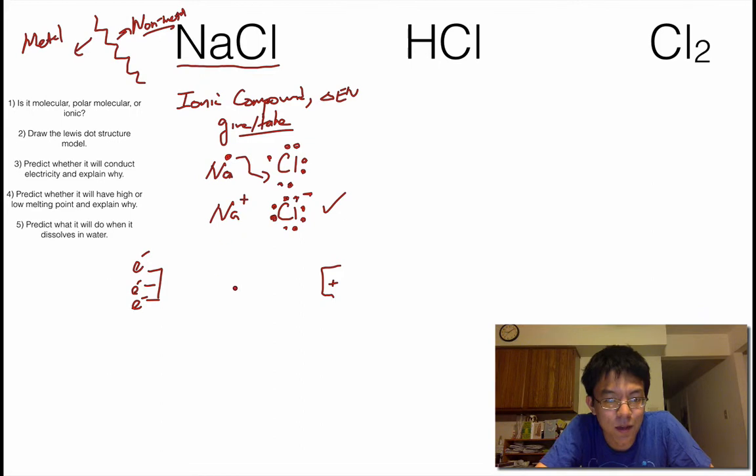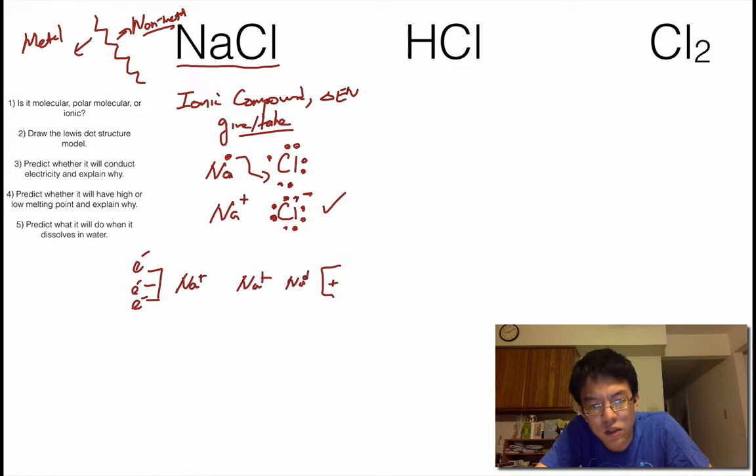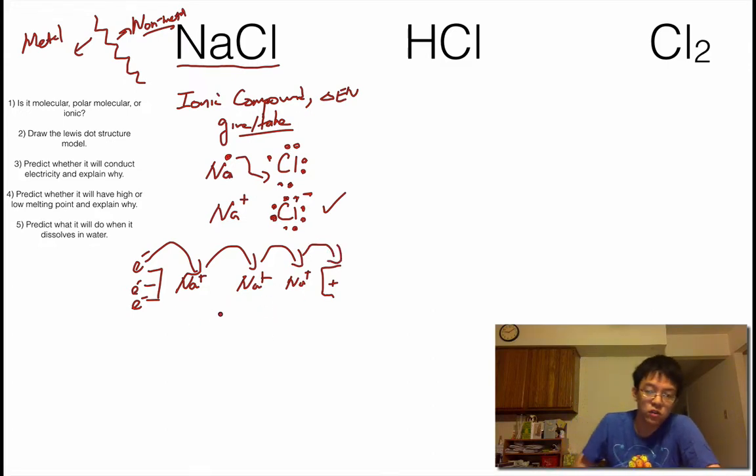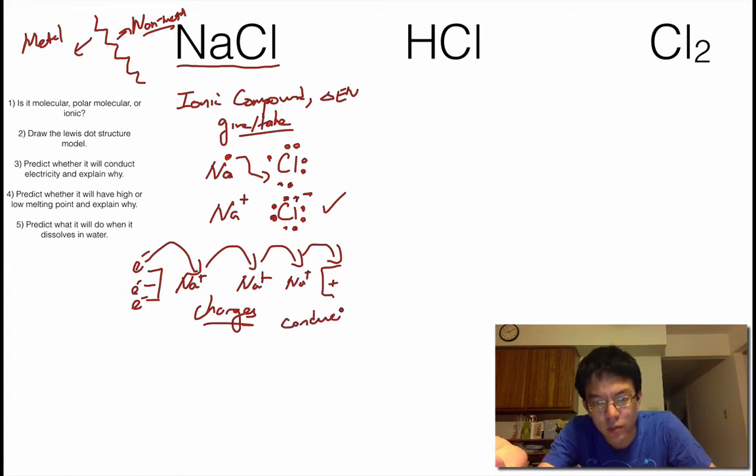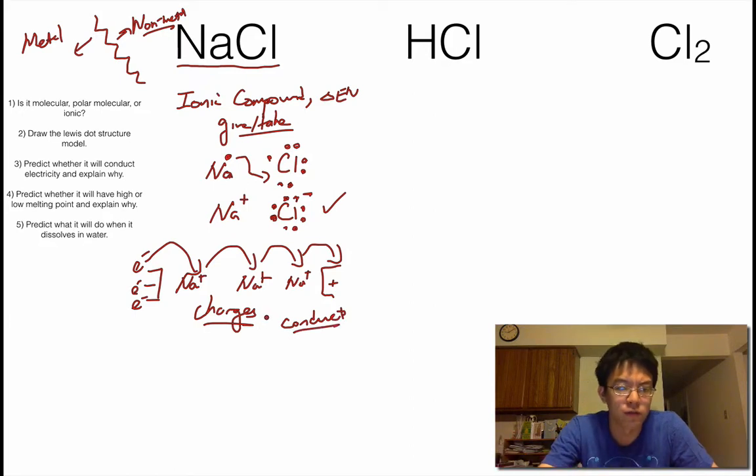But these ionic compounds help form a bridge. You can think of these Na plus ions all being in here, and this allows the electrons to have a bridge to move across. And so that's why things conduct electricity, mostly because of charges, right? The charges are the key. So does this conduct? Absolutely. The electrons are able to move through and electricity can flow through.